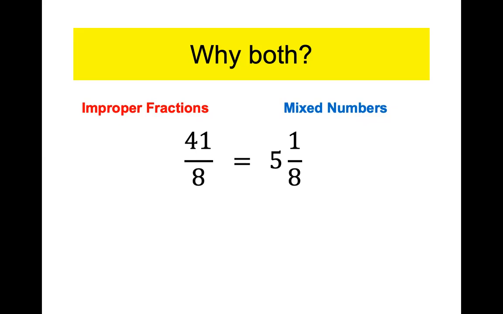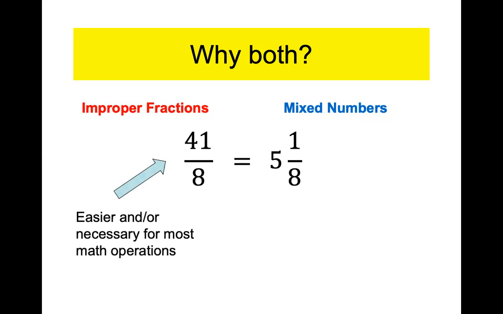So the reason we have both of these is it turns out that improper fractions are actually easier and sometimes necessary for most math operations. By math operations, I mean add, subtract, multiply, and divide. Not so much adding, but definitely for subtraction and multiplication and division. This year, you won't see why subtraction is a problem, but you will see that problem next year in pre-algebra. But for this year, we're going to mess around with both.